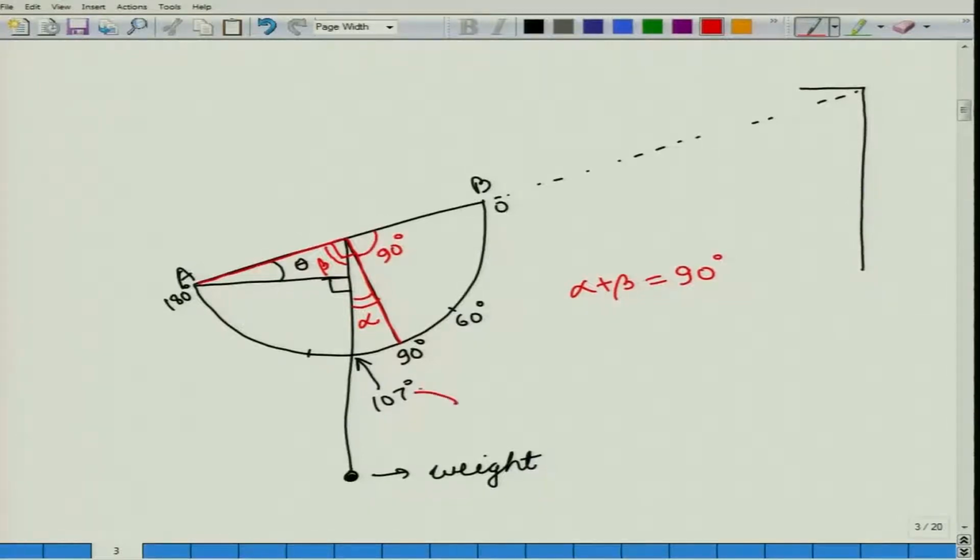So, this angle 107 degrees is 90 degrees plus alpha. So, we get that alpha is equal to 107 minus 90, which is 17 degrees. Now, we have the relation that alpha plus beta is equal to 90 degrees. Now, consider this triangle.